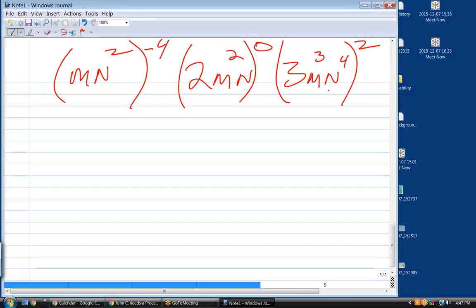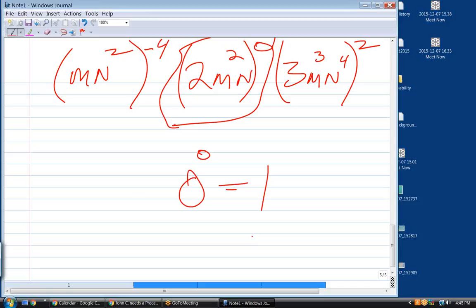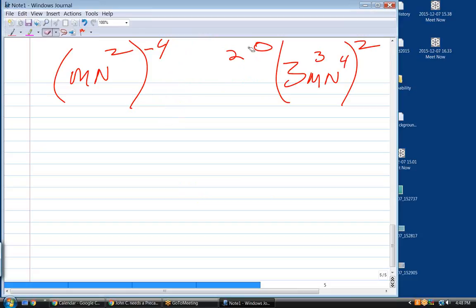Simplify? Yeah. What's this all become? 1. Uh-huh. Every number to the 0th power becomes 1. Even 0 to the 0th power is equal to 1. So regardless of what m and n are, doesn't matter. This goes to 1. Okay, so that's the first thing we can do.